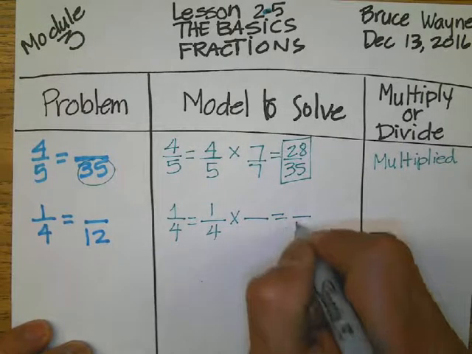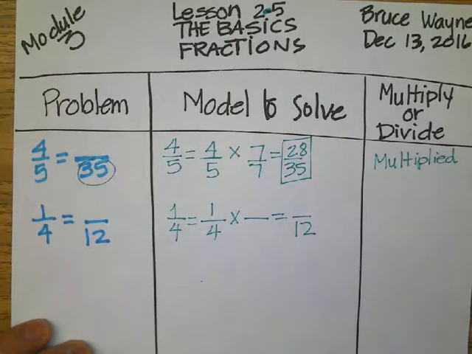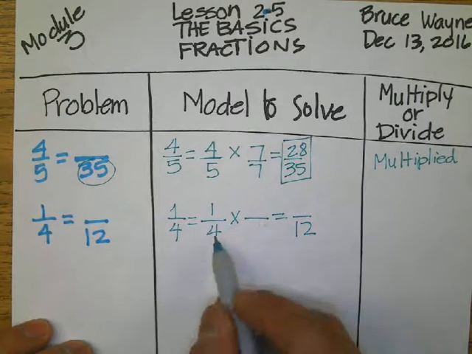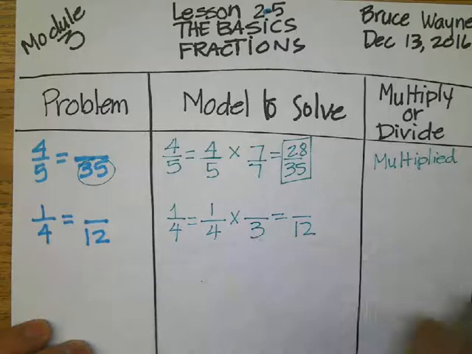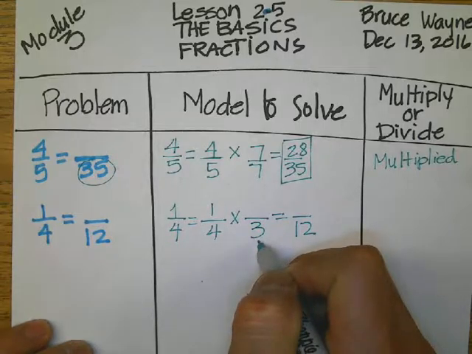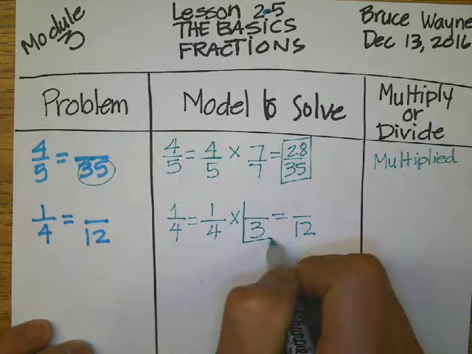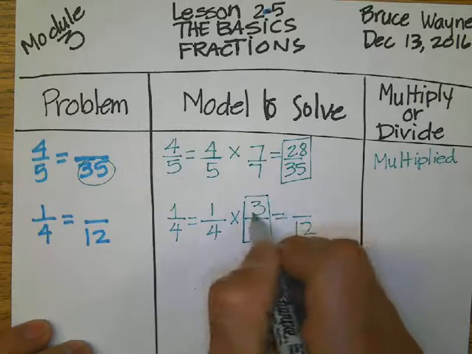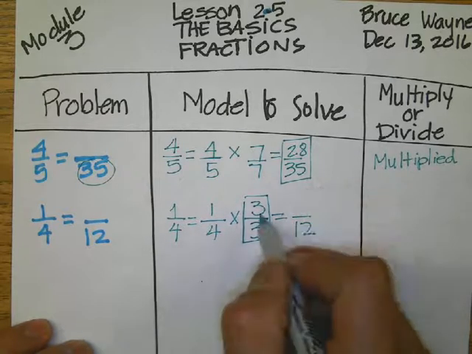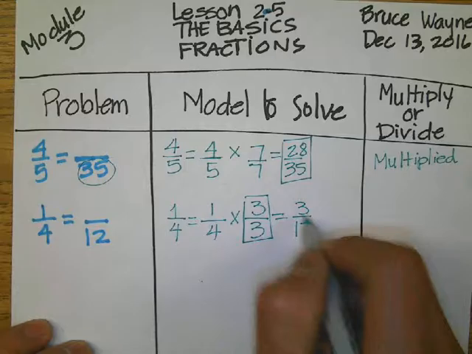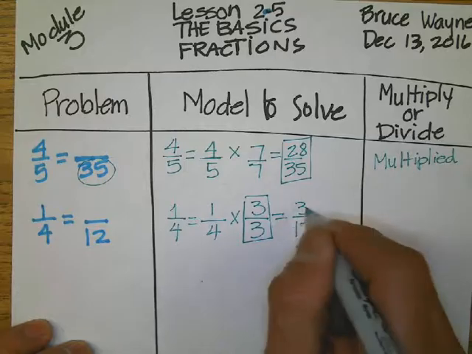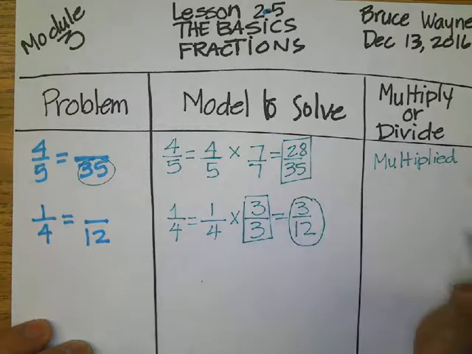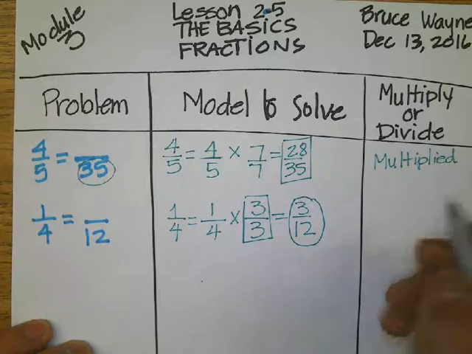So the 12 goes right here. If I'm a student who knows the multiplication tables, I know that 4 times 3 equals 12. So if I multiply the denominator by 3, I have to multiply the numerator by the same number. 3 times 1 equals 3. So now my equivalent fraction, my friends, is 3/12. Now what did I do? I multiplied.